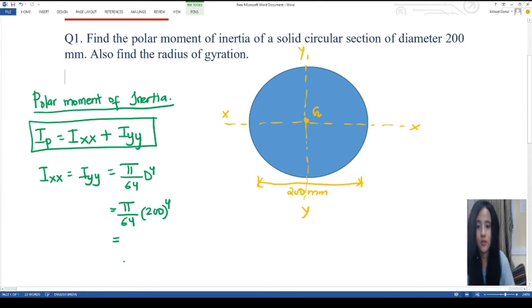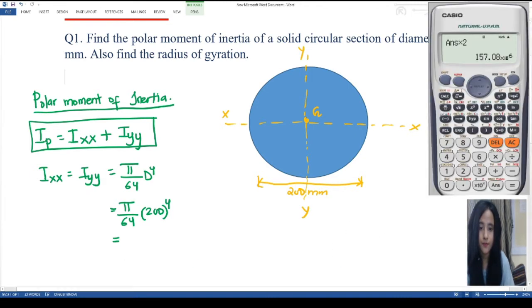So let's calculate. It will be equal to pi by 64 into 200 raised to power 4.